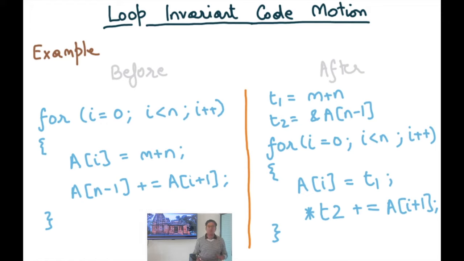And this transformation is going to cause that computation to always happen. So in that rare scenario where n is 0, we may end up doing more work in the transformed program than in the original program.